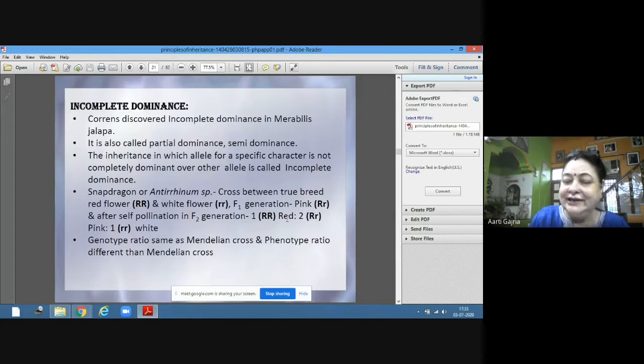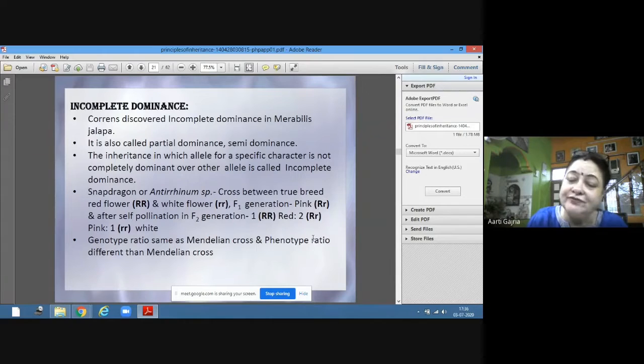That means the ratio was genotypically the same as in the Mendelian cross, because in the Mendelian cross also, the F2 generation shows the ratio 1:2:1, where 1 is homozygous dominant, 2 is heterozygous, and 1 is homozygous recessive. So the genotypic ratio was the same as the Mendelian cross.